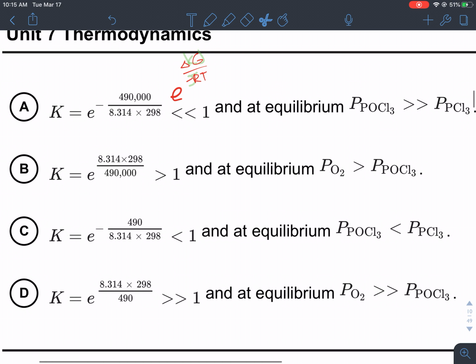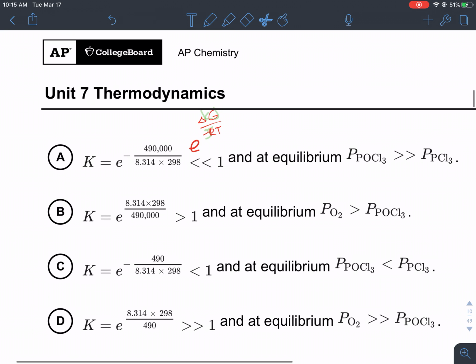If this is what I'm looking for in that question, I see that I need 490 in the numerator. So it can't be this, it has to be either 490,000 or 4,900,000. Now, see that 8.314?